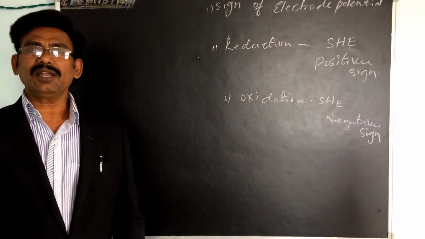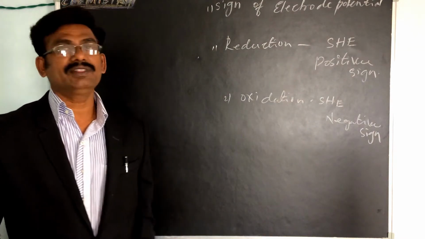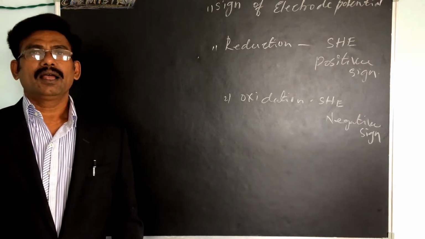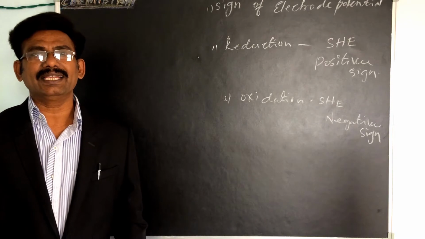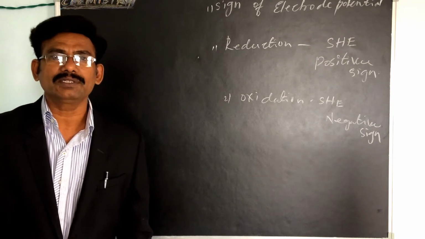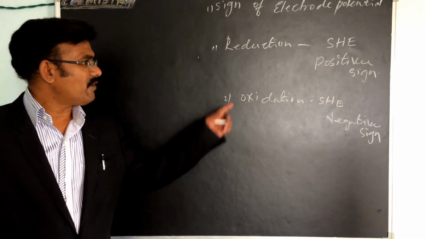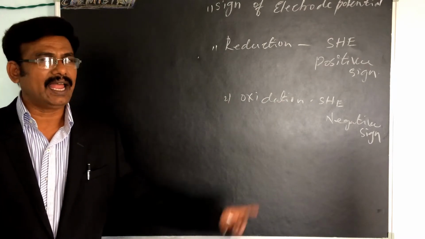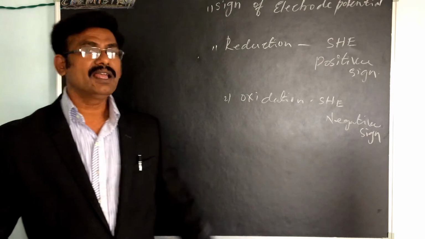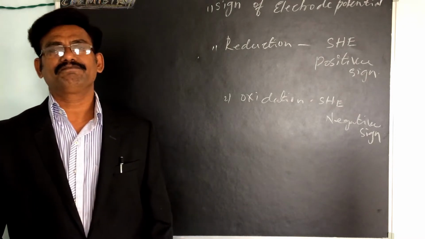So if reduction occurs on an electrode when combined with the standard hydrogen electrode, the potential is given a positive sign. If oxidation occurs, the electrode potential is given a negative sign.